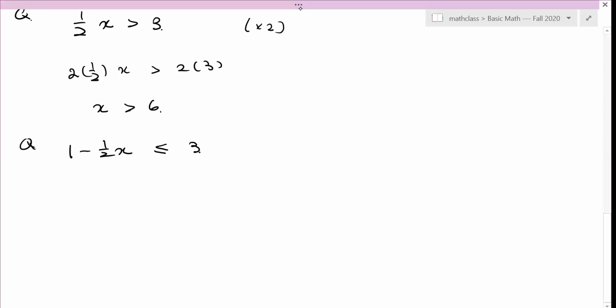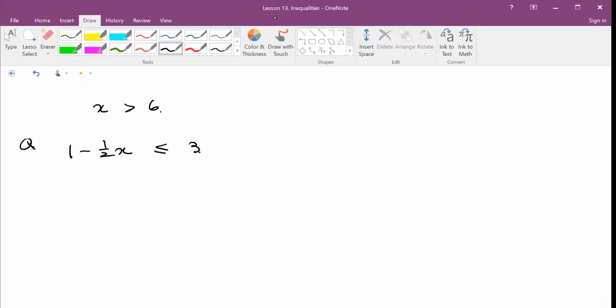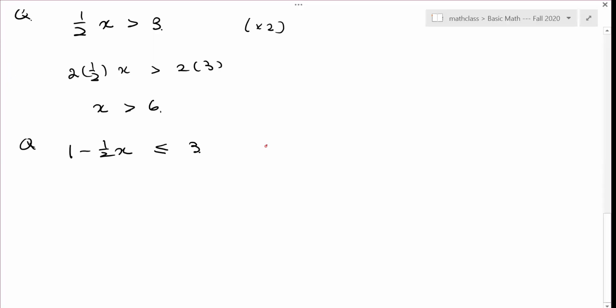So first step, you can subtract 1 from both sides. You can keep it 1. So let's just multiply by 2 first, every term. So 1 times 2 is 2, and 1/2 x times 2 is just x, right? And then it's less than or equal to 6.